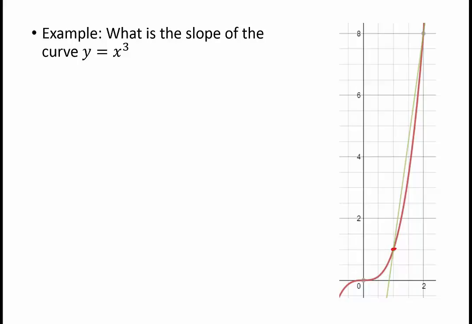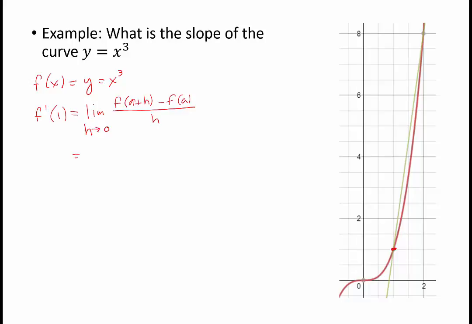Now, we might say that if f of x is equal to y, which is equal to x cubed, then f prime at 1 is equal to the limit as h approaches 0 of f of a plus h minus f of a over h.